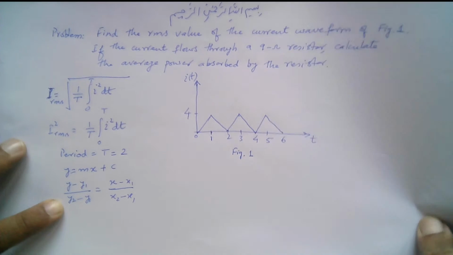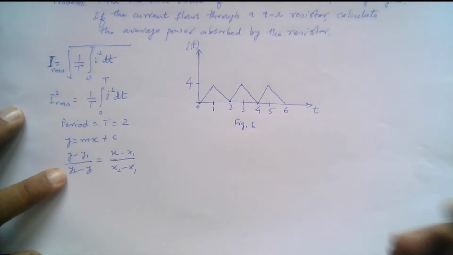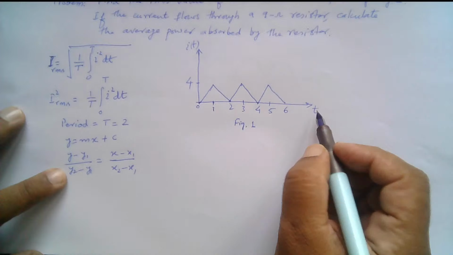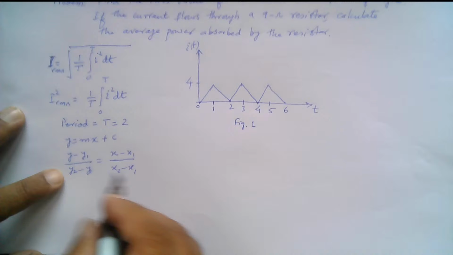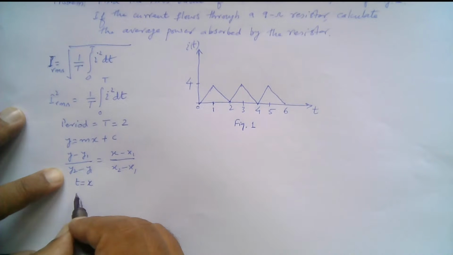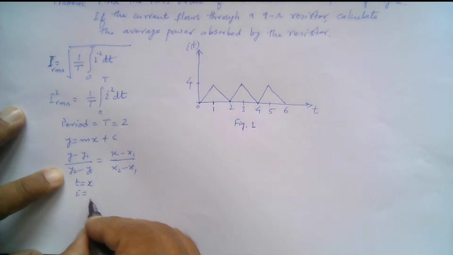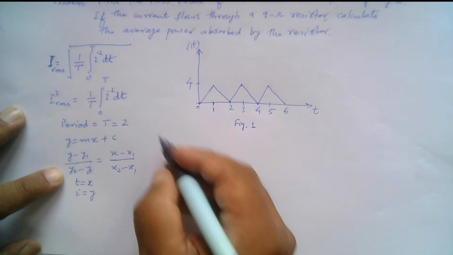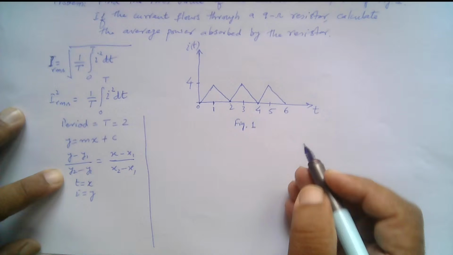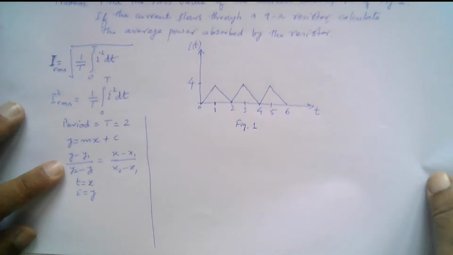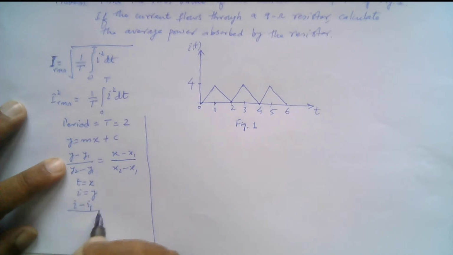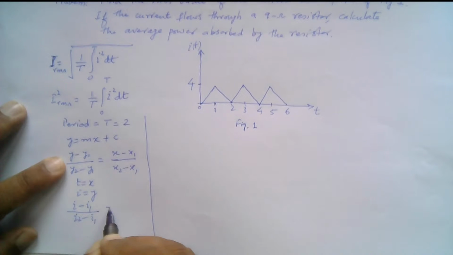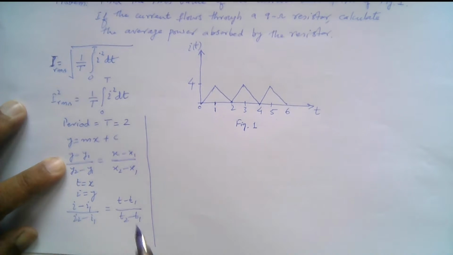In our given problem, the horizontal axis is t and the vertical axis is I. So x is equal to t here, and I is equal to y here. For our case, this formula becomes (I minus I1) divided by (I2 minus I1) is equal to (T minus T1) divided by (T2 minus T1).